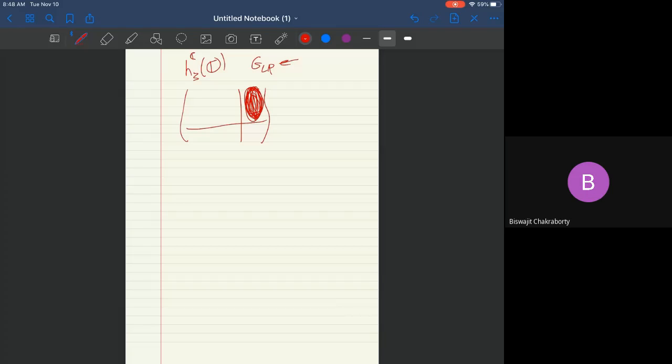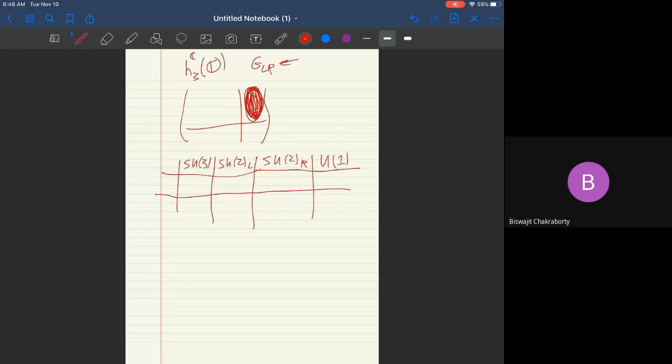So the idea is that the table for this model, the analog of our previous table, would be SU3 times SU2 left times SU2 right times U1. And now the table would be simpler than our standard model table.